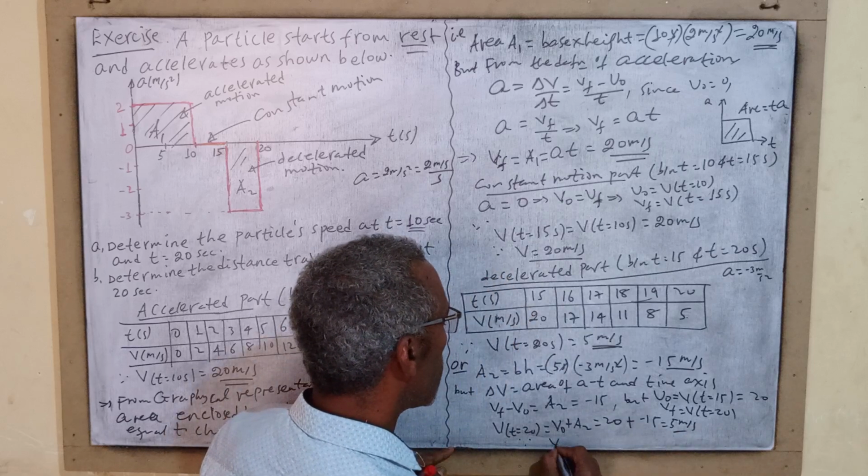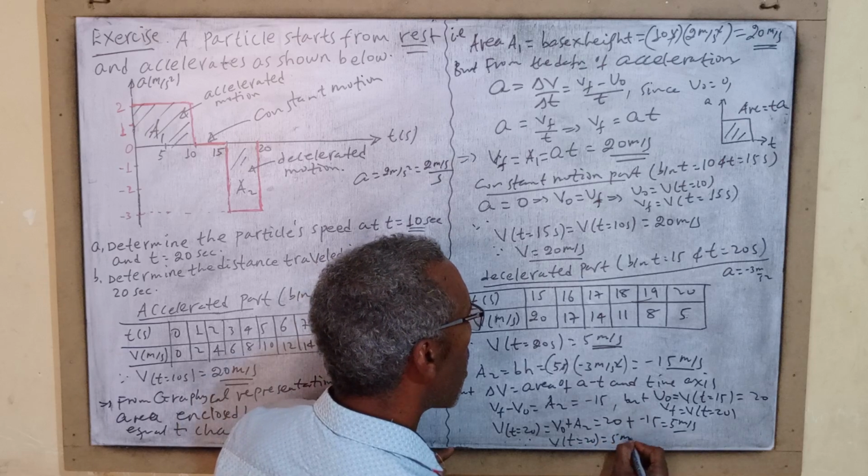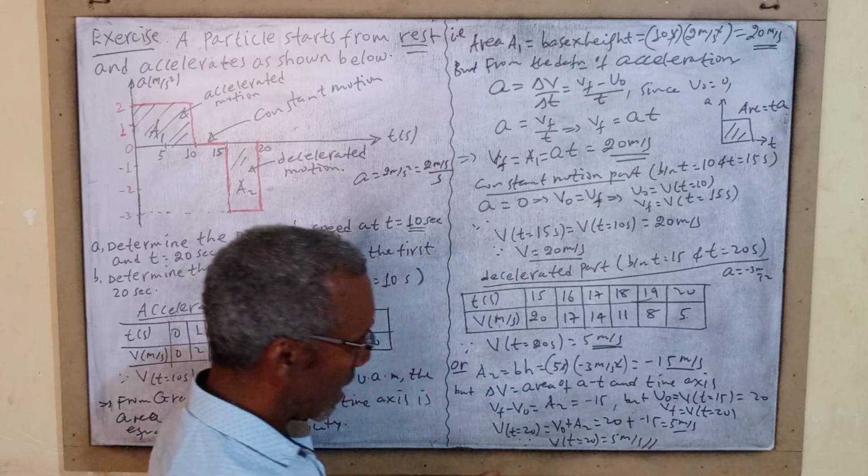Therefore, the velocity at t equals 20 seconds is equal to 5 meters per second.